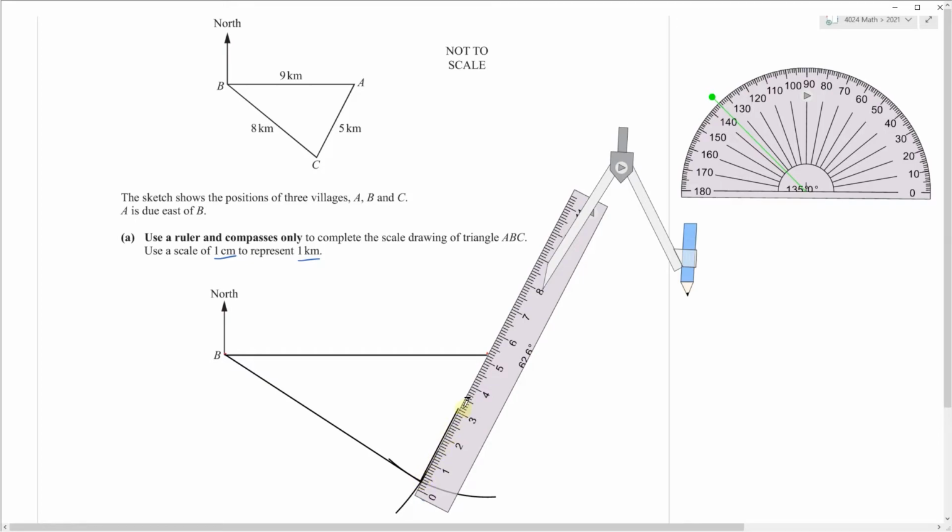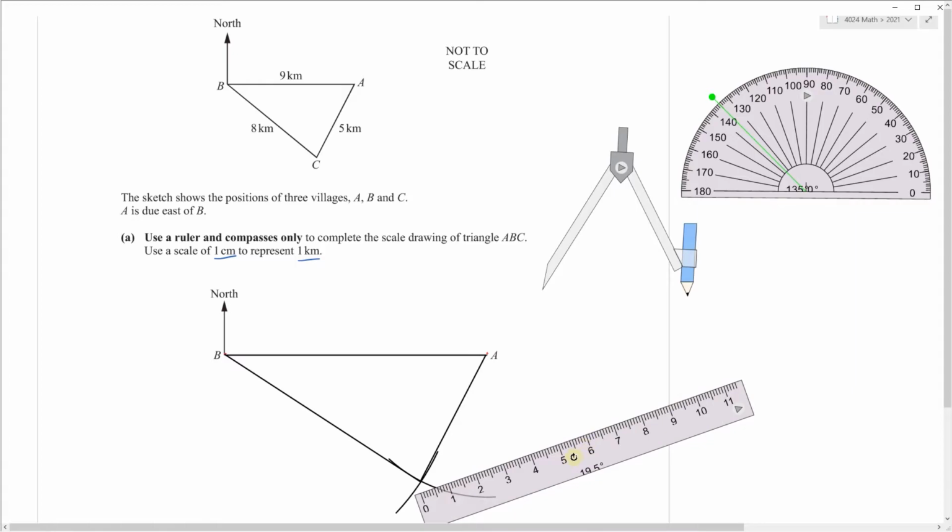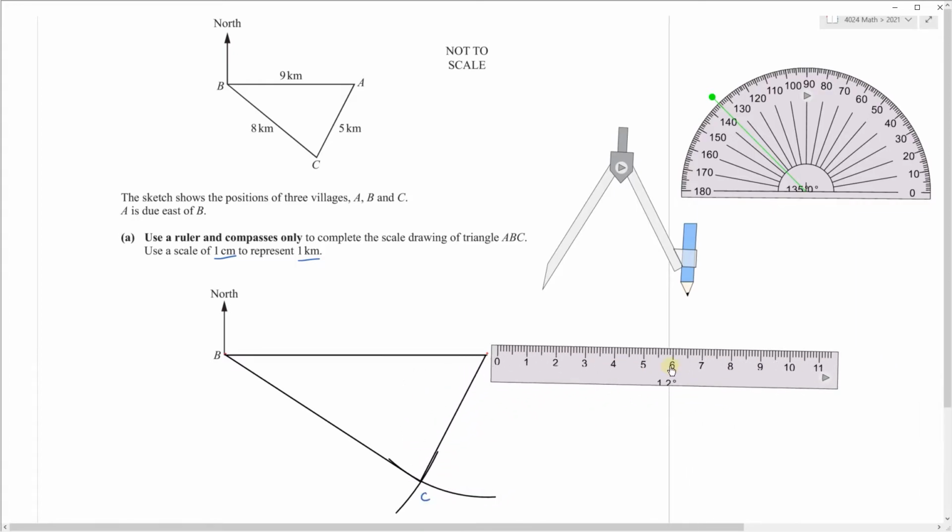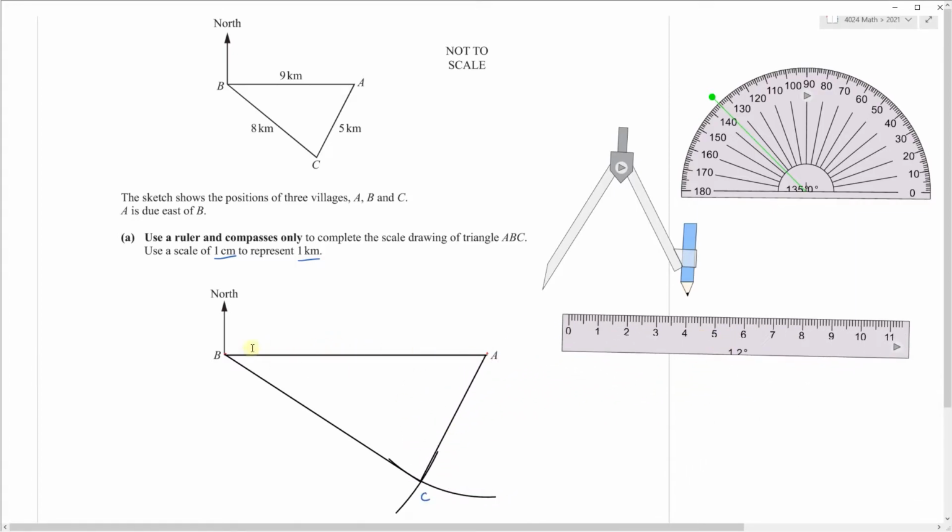Like this. So this will give you your triangle A, B, and C, where length BC will be 8 centimeters, representing this distance of 8 kilometers. And then this line AC will be 5 centimeters long, representing this distance of 5 kilometers.